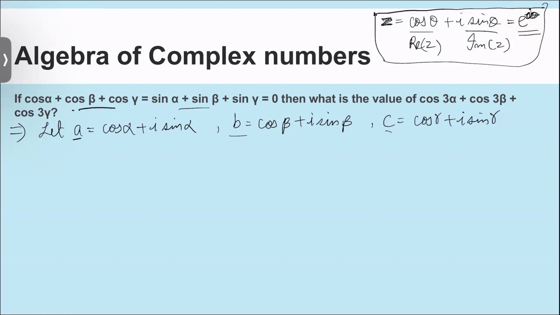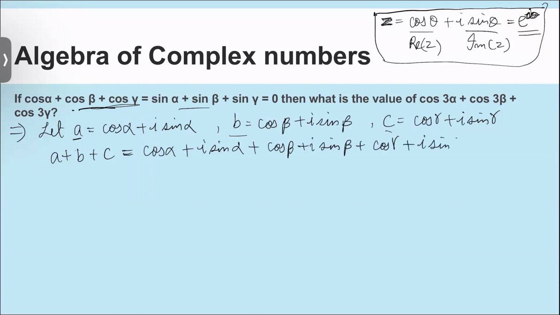Since we have these conditions already, if we add all three complex numbers, we get cos alpha plus i sin alpha, then cos beta plus i sin beta, plus cos gamma plus i sin gamma.